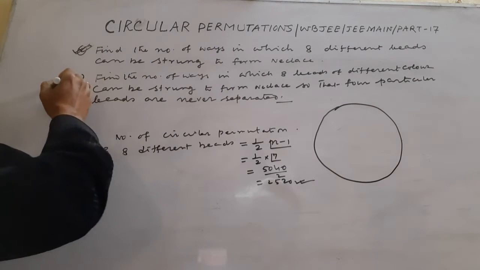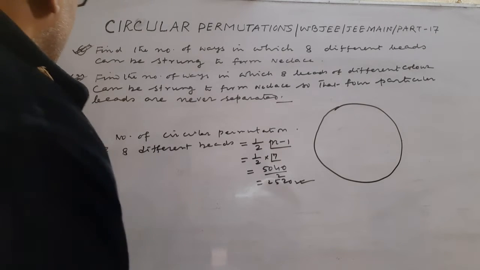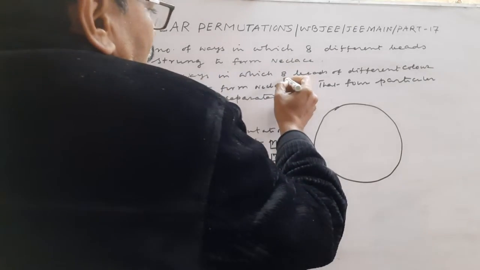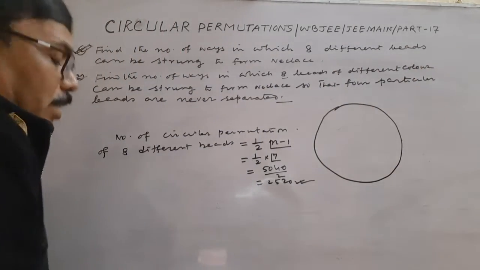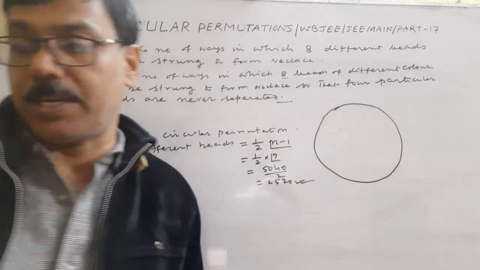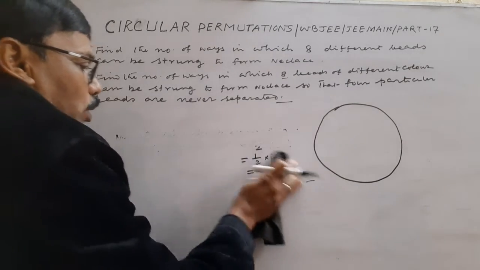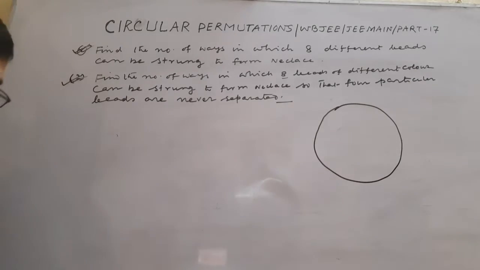Now, problem number 2. A restriction is given in this problem. Find the number of ways in which 8 beads of different colors can be strung to form a necklace, so that 4 particular beads are never separated. We have solved this type of problem in linear permutation.